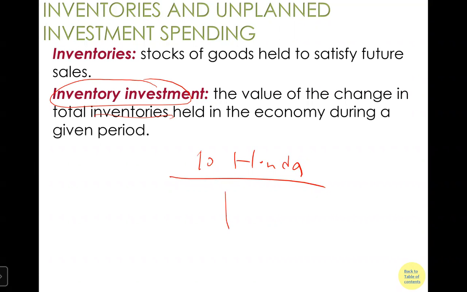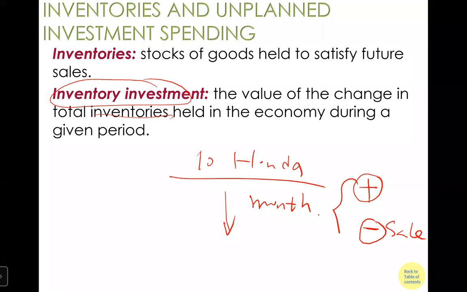Now, throughout the year, each month, they are going to sell some. Let's just use a negative sign, because of sales, right? But usually if you go to any dealership, they will tell you they have cars coming every month. Why? So that they refill the stock, right? So this is a plus.